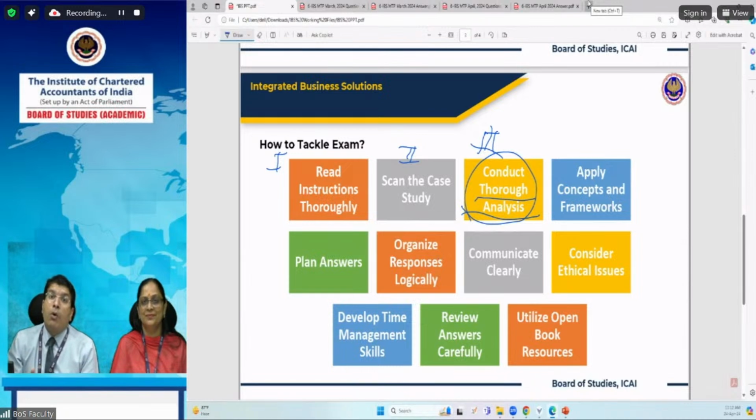But for all 5, how much do you have to write? At least 2 or 3 points. You will come to know after dividing 12 marks into 5 parts, and then you can manage your time properly.